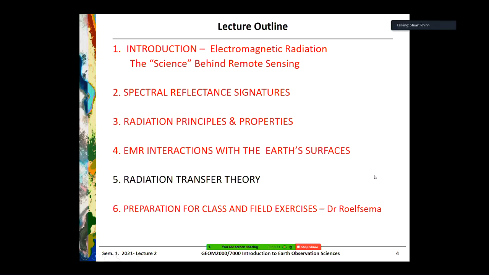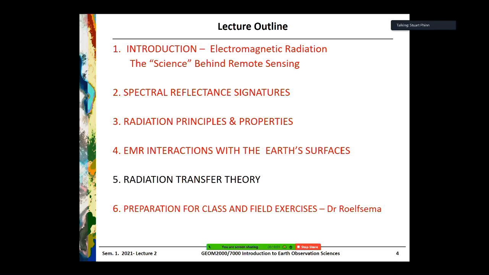Okay, so outline for today. 6 areas. I'm going to finish talking about the field practical, which Chris Rolfson is going to explain a bit more in this week's practical. Every section's heading is in red. This is a foundation presentation for the rest of the semester. So talk about electromagnetic radiation a bit more.